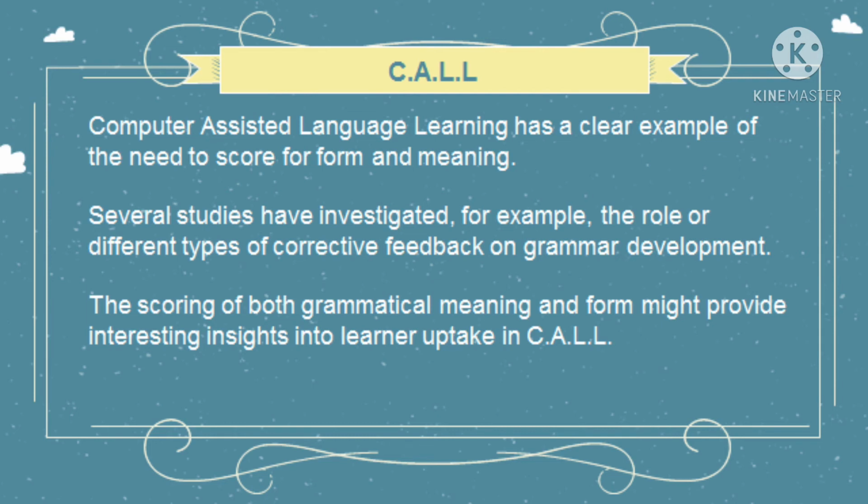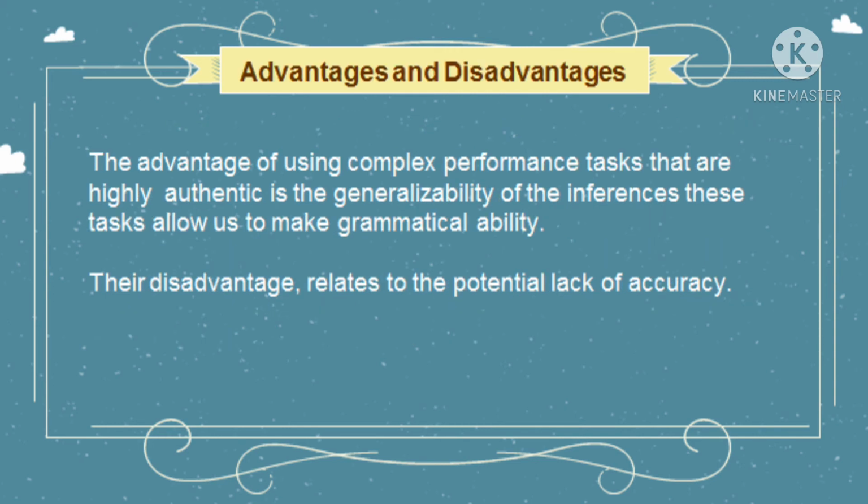Questions related to whether topical knowledge or strategic competence are part of the construct or not need to be resolved, and the rating scales need to reflect these decisions. The advantage of using complex performance tasks that are highly authentic is the generalizability of inferences these tasks allow us to make about grammatical ability.